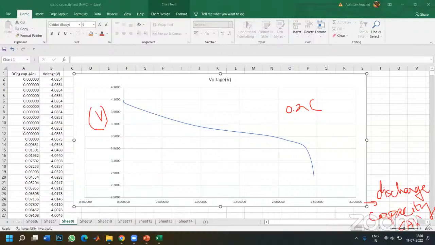All right, so this is the x and y. If you plot discharge capacity as the x-axis and voltage as the y-axis, then you can get this kind of graph.